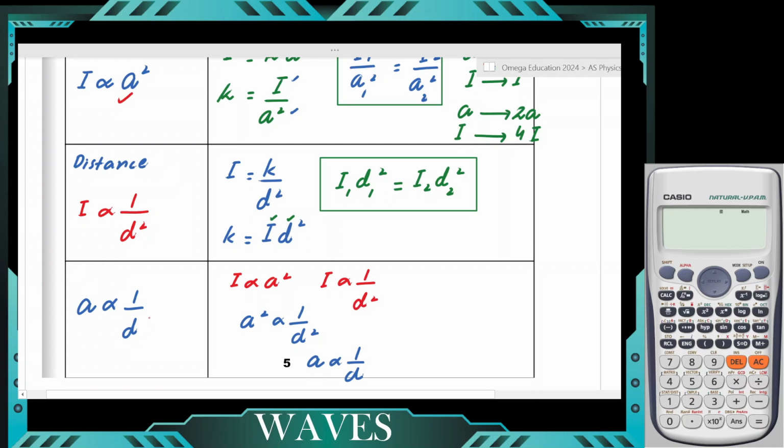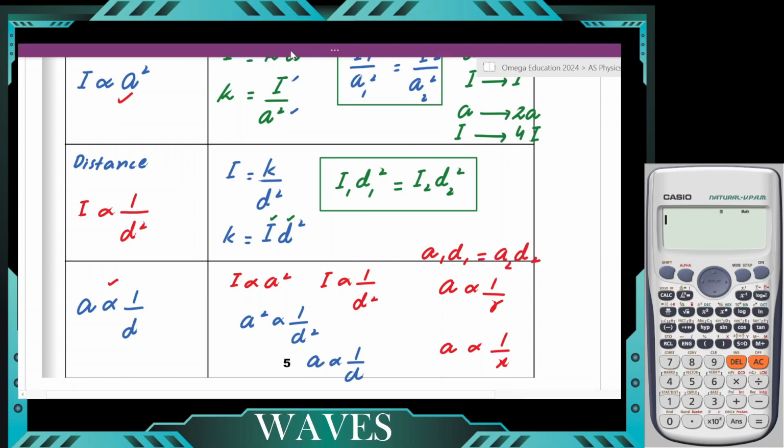If the distance is represented by r, then we can also write it as amplitude inversely proportional to r. If the distance is represented by x, we can write it like this. But amplitude is inversely proportional to distance from the source. And likewise, this can also be written as, I'm not going to add the constant now and then rearrange it, but simply you can write it as a1 d1 equals a2 d2.